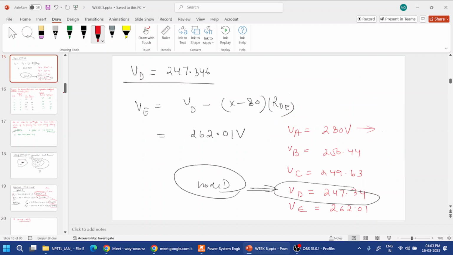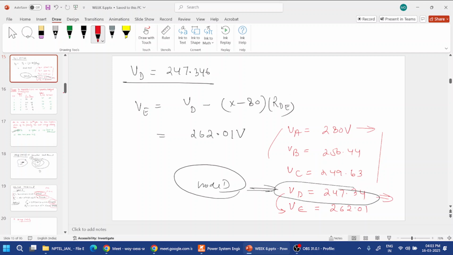After that you can see voltage starts decreasing, but after D the voltage increases. Why? Because E is connected to A, and it is the radial nature of that. If E is not connected to A, I would clearly say its voltage will become less than 247.34, whatever the voltage of D here.